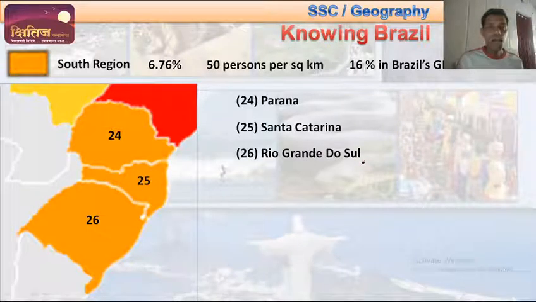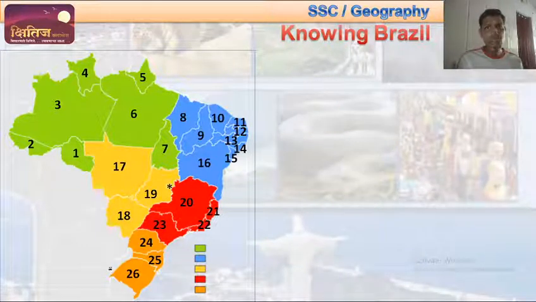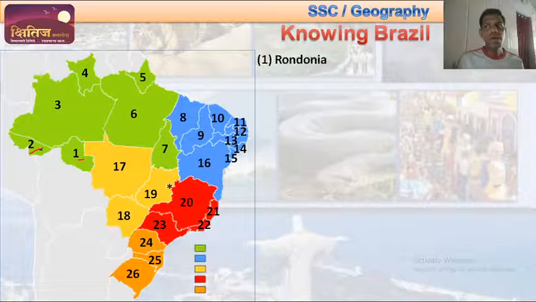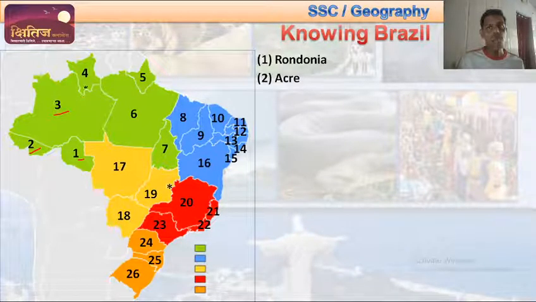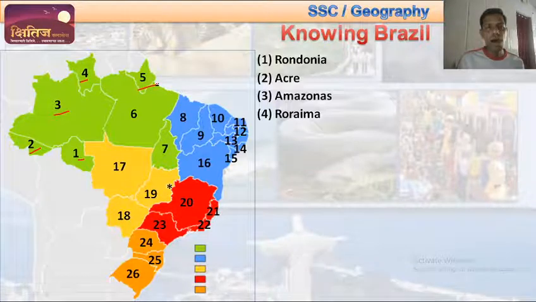Now we have seen the names of the states region wise. Now let us look at the names of the states together. Let us try to say the names of all these 26 states together. Let us start with the first one here. Rondônia. Number 2 is Acre. Number 3 is Amazonas. Number 4 is Roraima. Number 5 is Amapa.